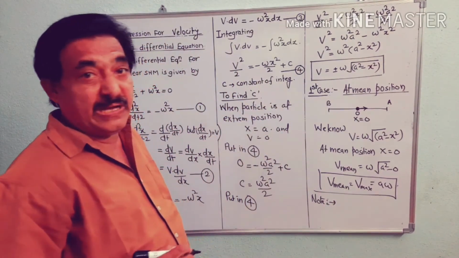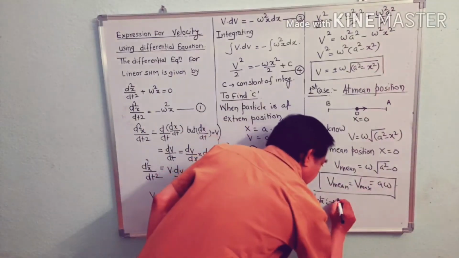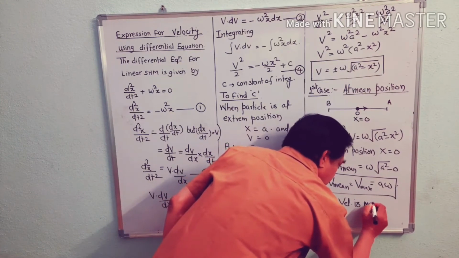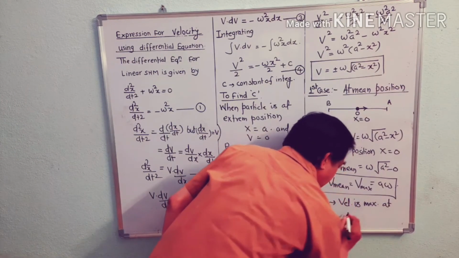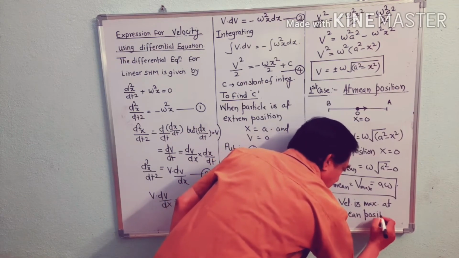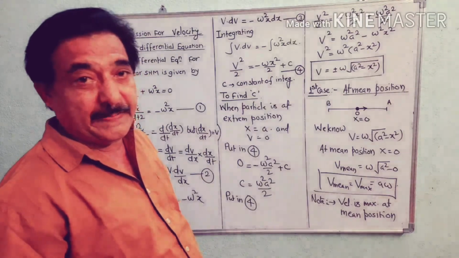Velocity is a maximum at mean position. Mean position ला ही velocity maximum आहे.